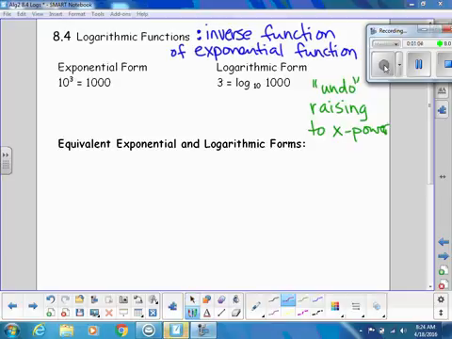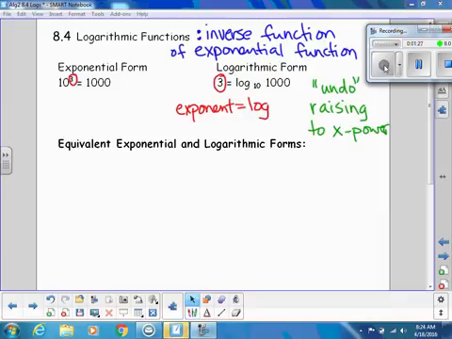What I want you to notice is that the exponent here is 3, and over here in logarithmic form, 3 is over here by itself. So what helps me switch from exponential form to logarithmic form is thinking the exponent is always equal to the log.